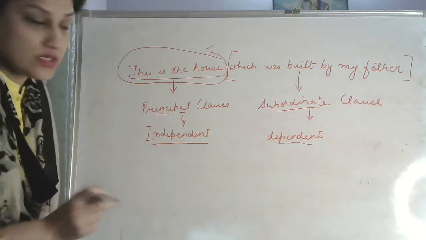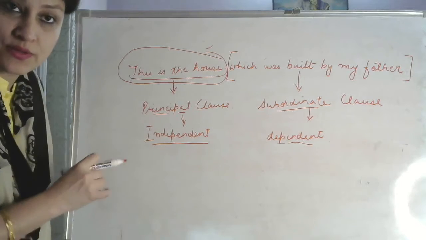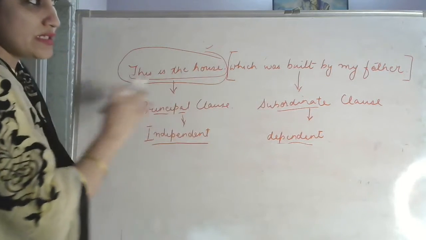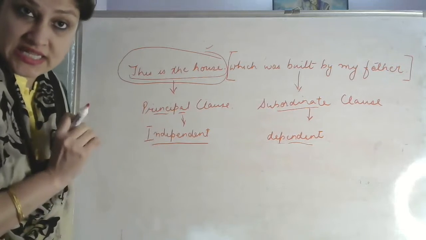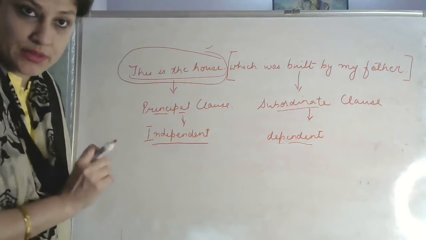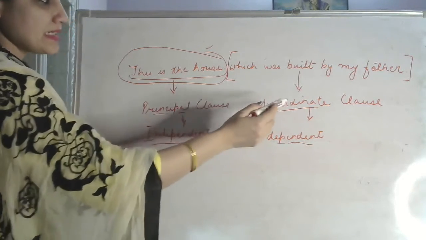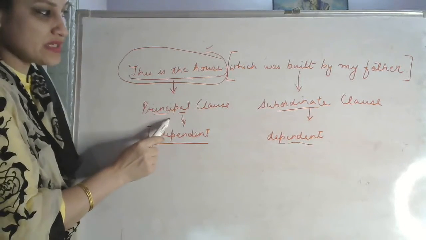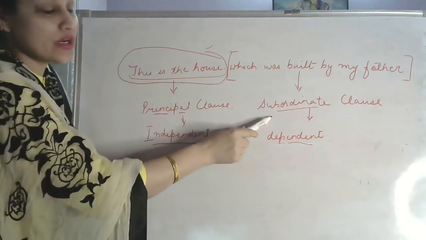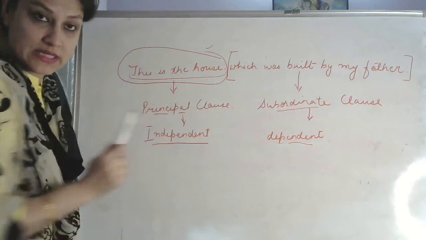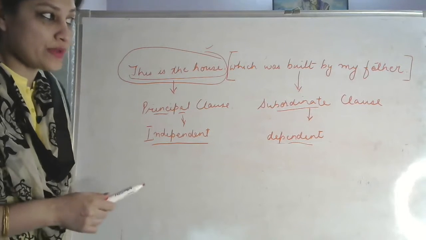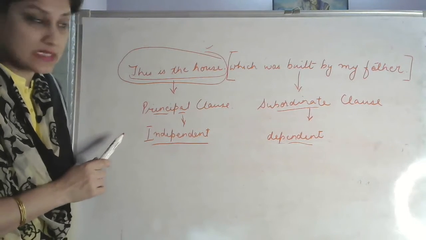Every clause has got a subject and a verb. Now, if we talk about this sentence, it is a complex sentence. Remember, it is a complex sentence. In every complex sentence, you will have a principal clause and a subordinate clause. Clear? Remember, I have changed the topic from clauses to complex sentence now.